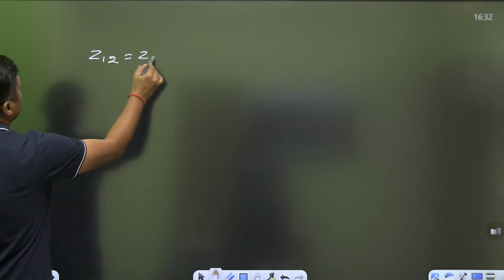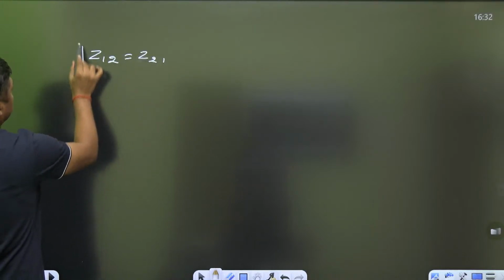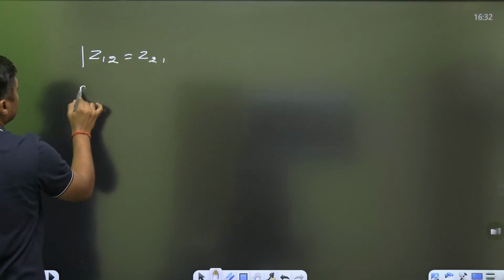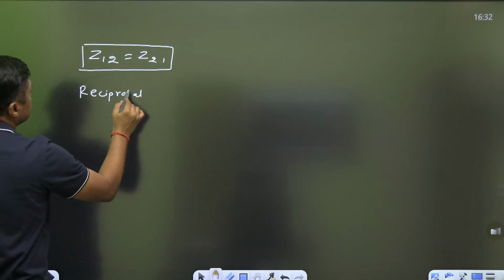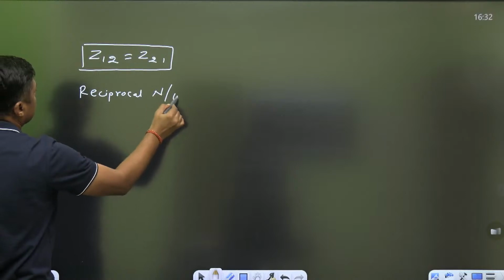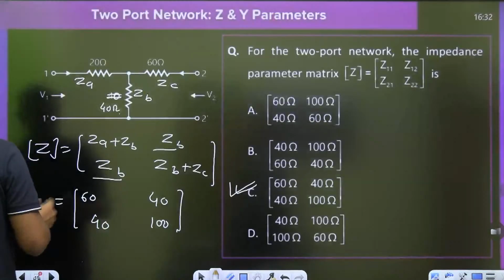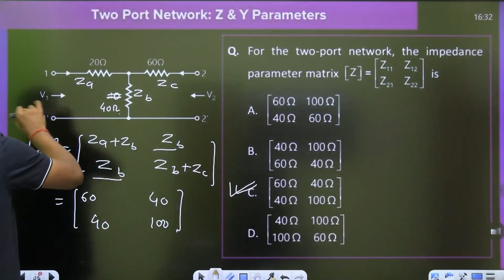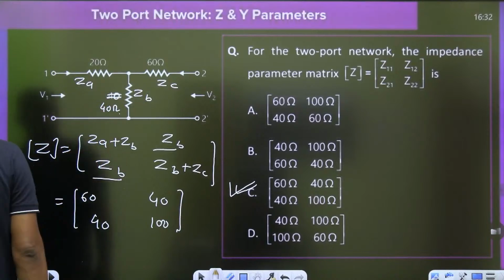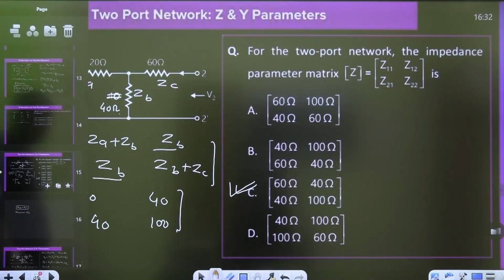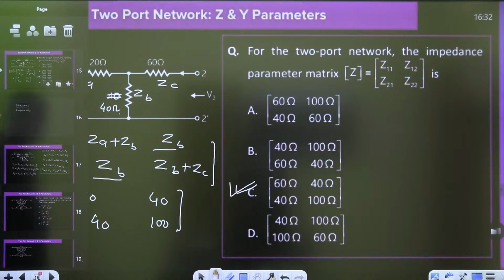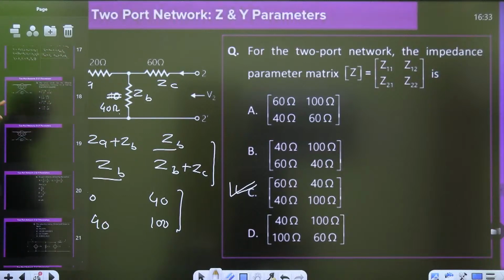If Z12 is equal to Z21 is satisfied, then that particular network is called a reciprocal network, guys. Here you are getting Z12 equal to Z21, so the T network is a reciprocal network. Where reciprocity is satisfied, that network is called a reciprocal network.